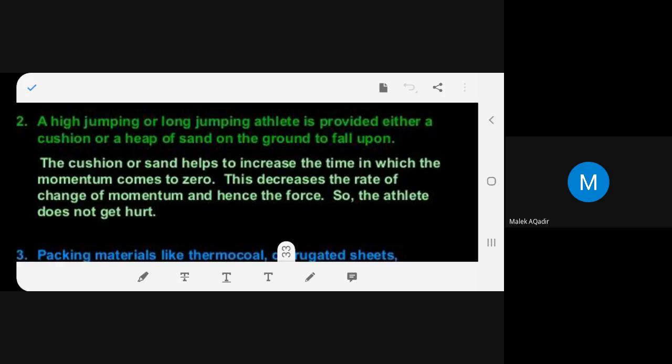When you fall on the heap of sand, the momentum becomes zero and you don't get hurt. The speed becomes zero when you fall on the sand or on the cushion, isn't it? You're not moving, but you're not hurt, right?